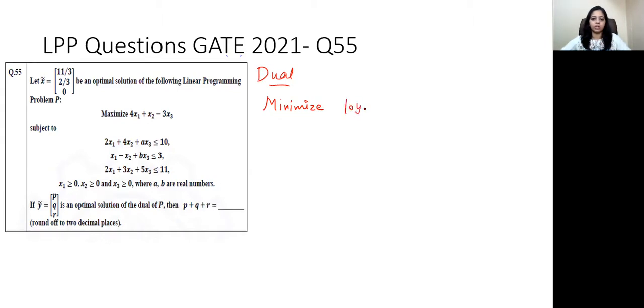So this is going to be 10y1 plus 3y2 plus 11y3, and the constraints are going to be 2y1 plus y2 plus 2y3, 4y1 minus y2 plus 3y3, a y1 plus b y2 plus 5y3.